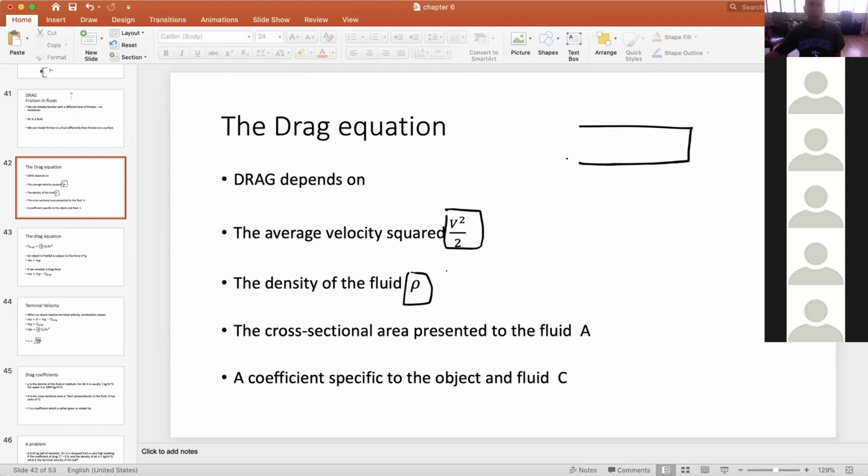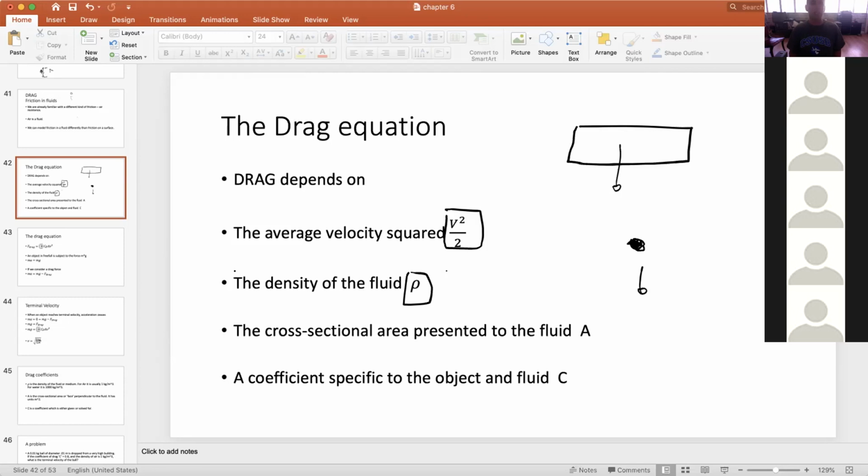So imagine a big square sheet of paper falling, and imagine a wadded up little ball of paper falling. Which one feels more resistance? The wadded up ball. So it has something to do with what we call the cross-sectional area. And researchers love to throw a coefficient on there, which wraps up all the physics nicely in some numeric number. That coefficient is specific to object and fluid.